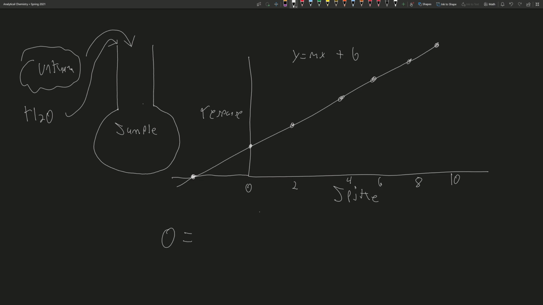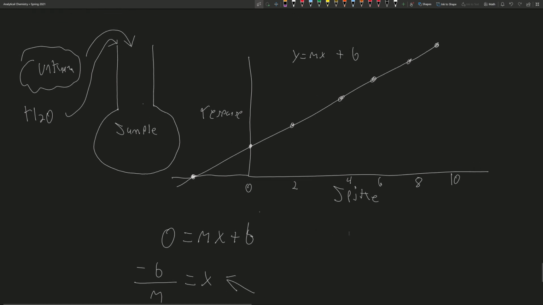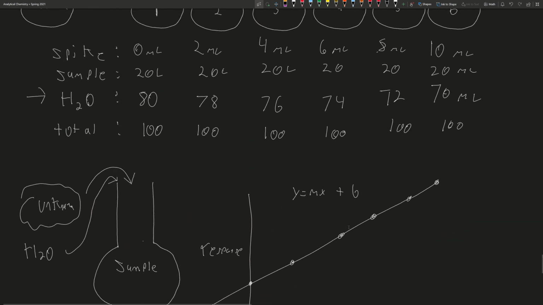So 0 equals mx plus b. What we do is subtract b, so we get negative b divided by m equals x. So this is going to be the value. Our x-intercept is going to be our concentration for our unknown value. This is how we determine the concentration using a spike.